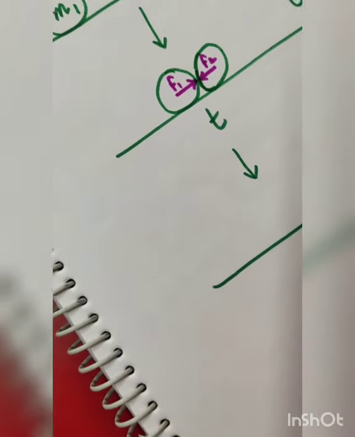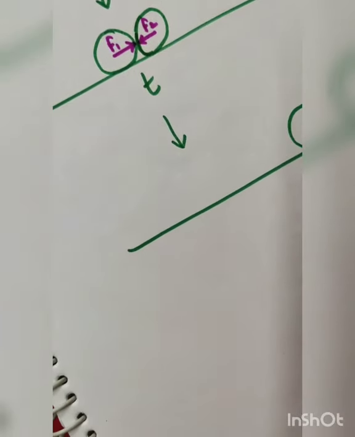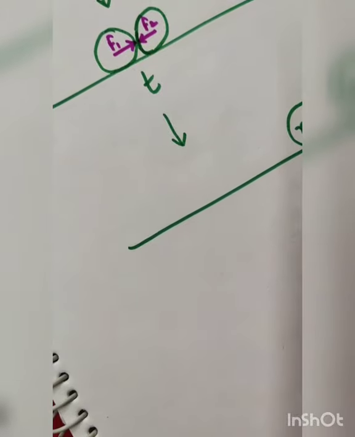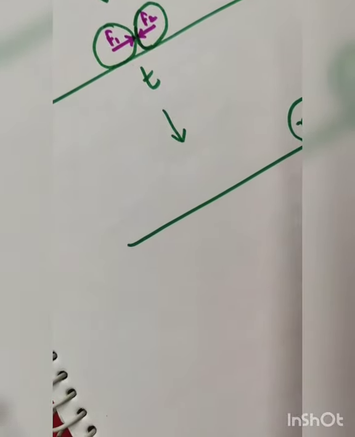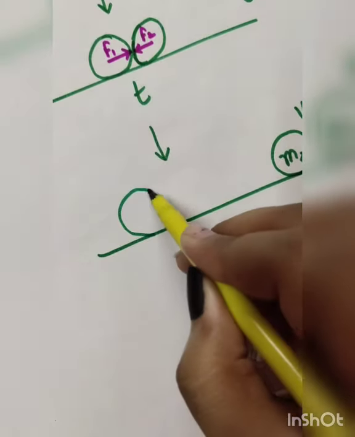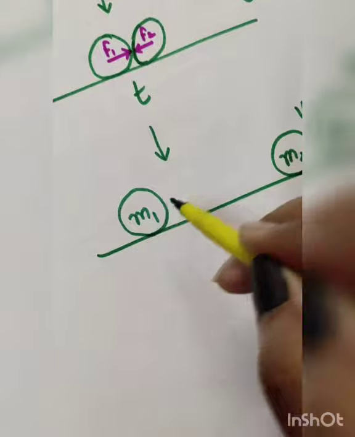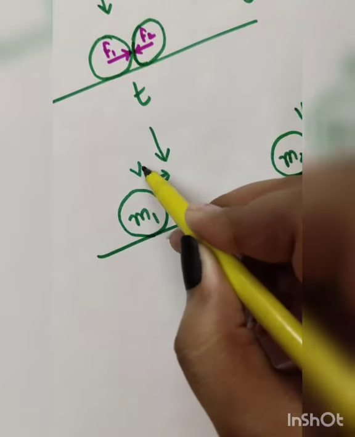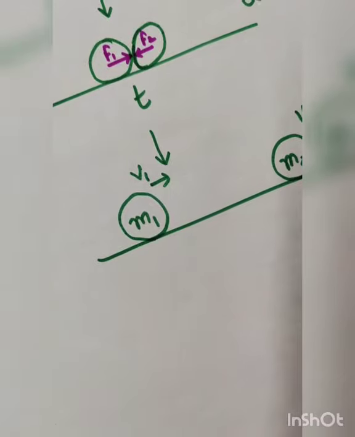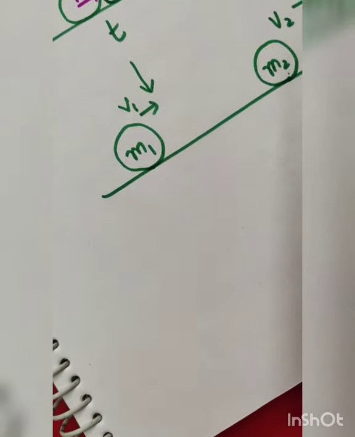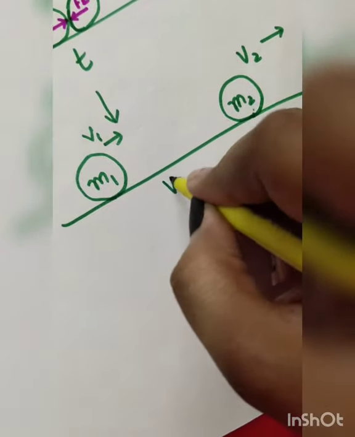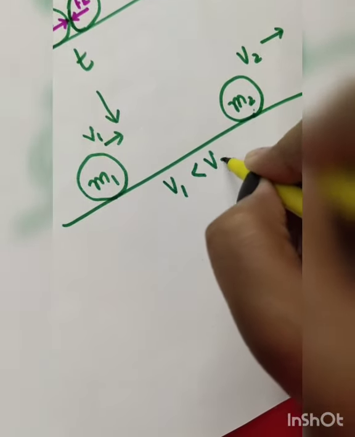So m2 will be the object moving with velocity v2, the increased velocity v2, whereas m1 will be the object moving with velocity v1, which will be the decreased velocity v1. Now if I have to write this into a relation form, I can say that v1 is less than v2.